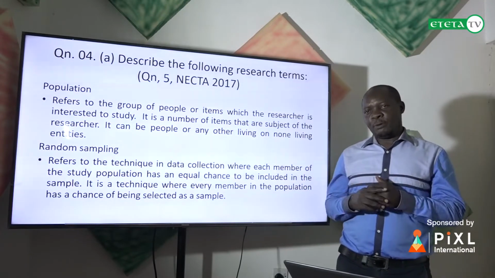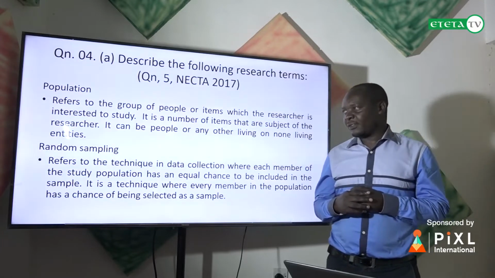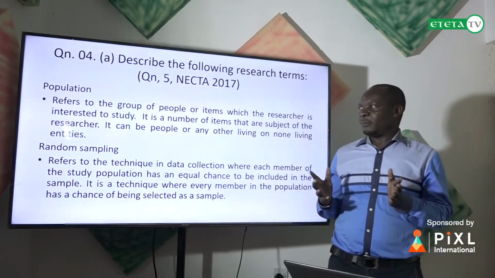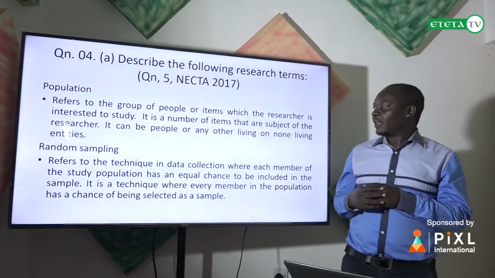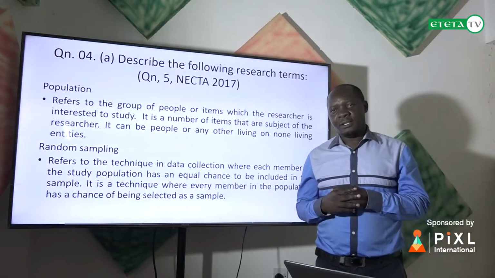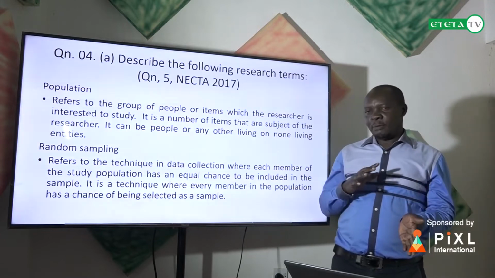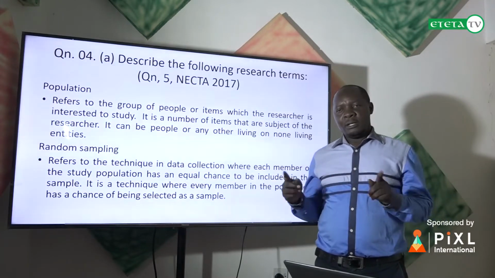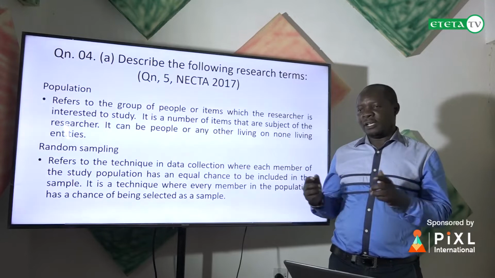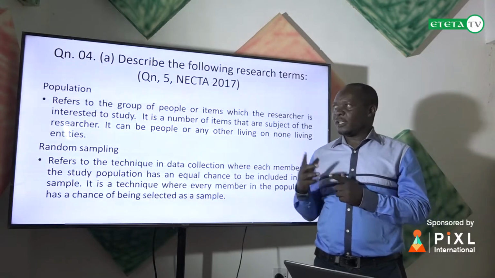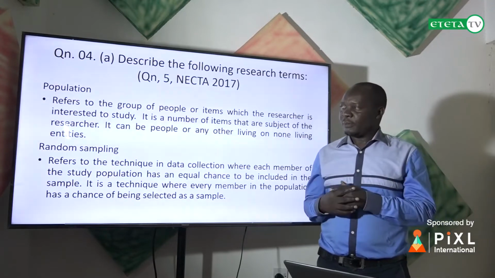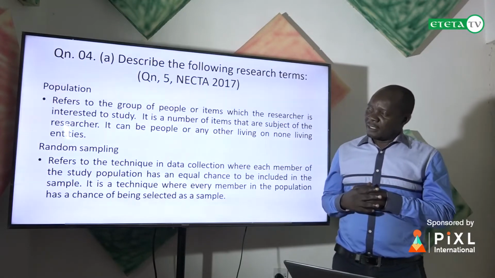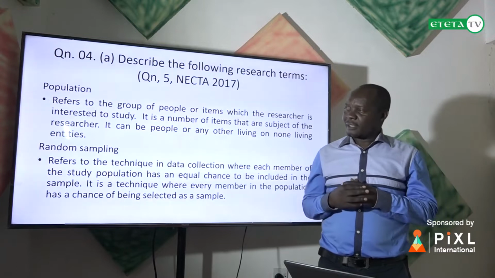It can also be termed as a number of items that are subject to the researcher. It can be people, but also a non-living or living entity. That means in research, population does not only mean people. That is number 1, population.